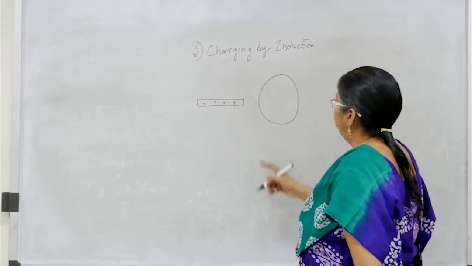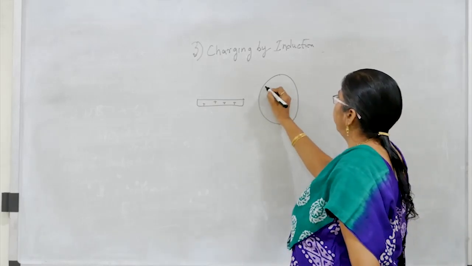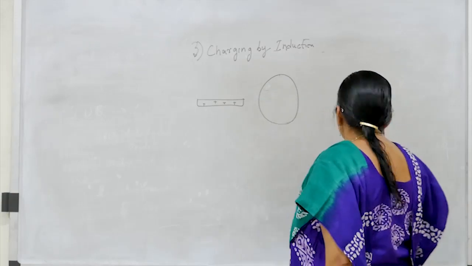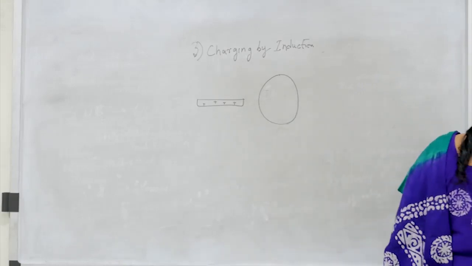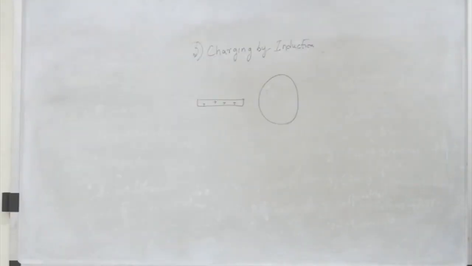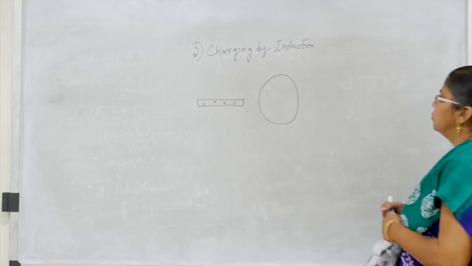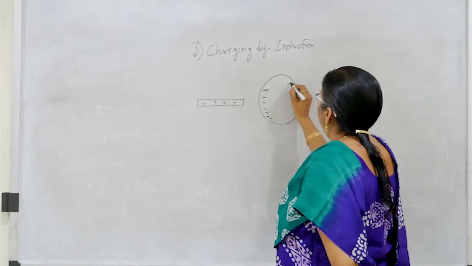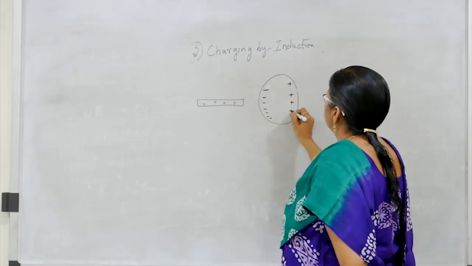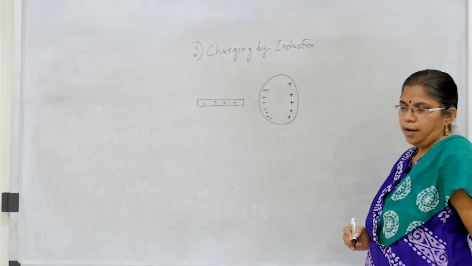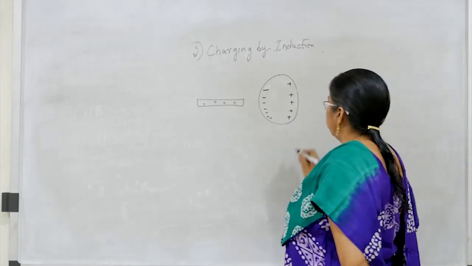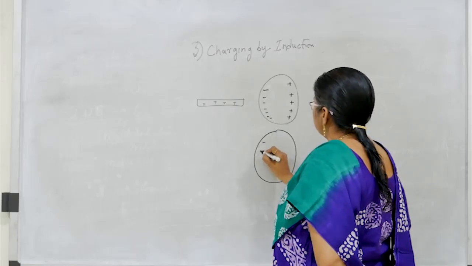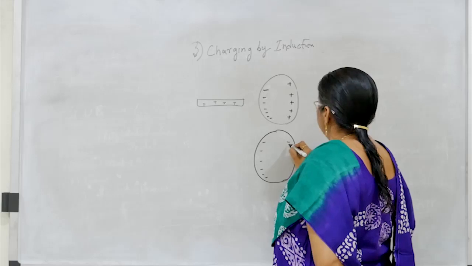The near side of the neutral body gets negative charge, and the other end of it gets positive charge. And suppose this body is given to earth. It is earthed.